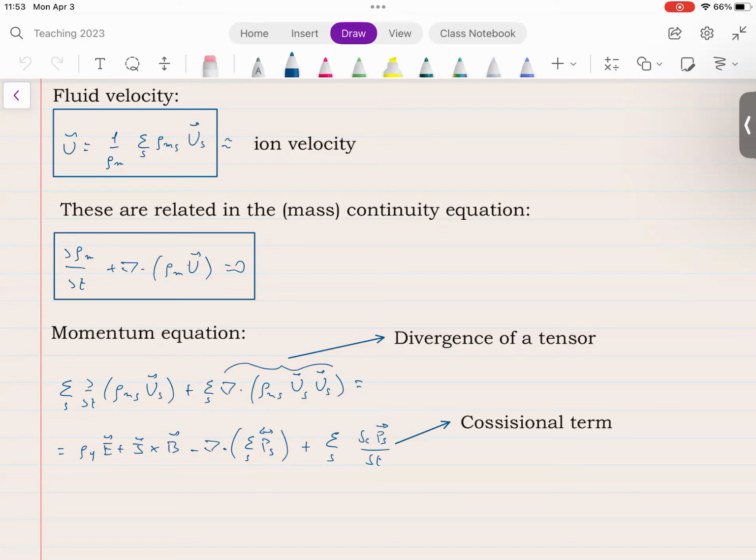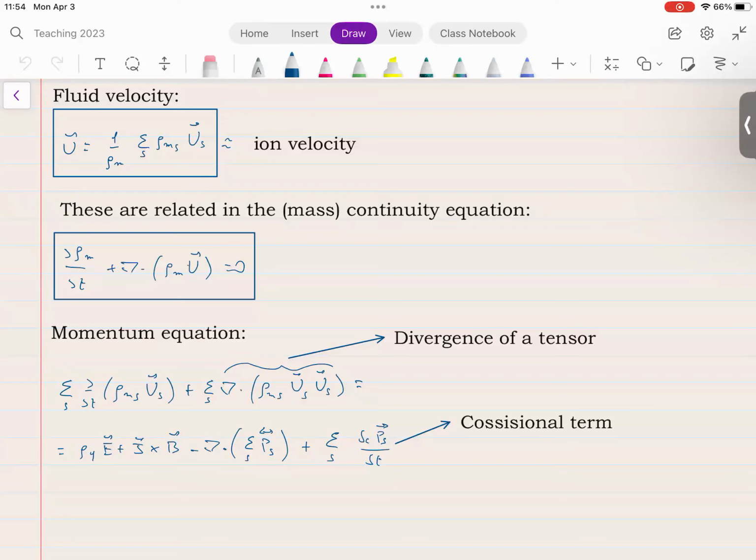The definitions of current density and charge density are obvious. Now, there is a little distinction that needs to be made.